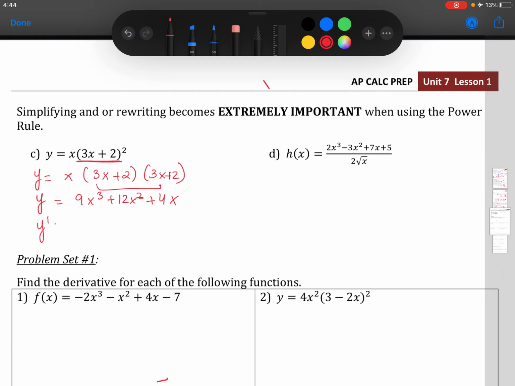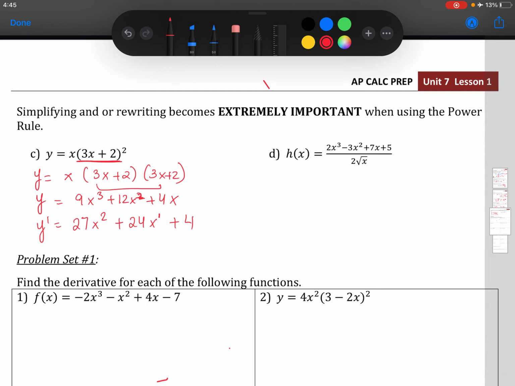So y prime would be what? Multiply these two. 9 times 3 is 27, and 3 minus 1 is 2. Plus, this was 12x squared. Yes. So this would be 12 times 2 is 24, x to the first, plus 4. So that is your derivative.